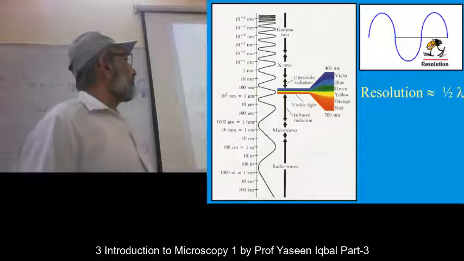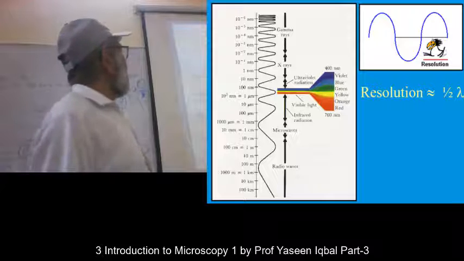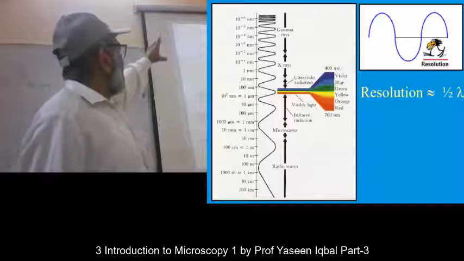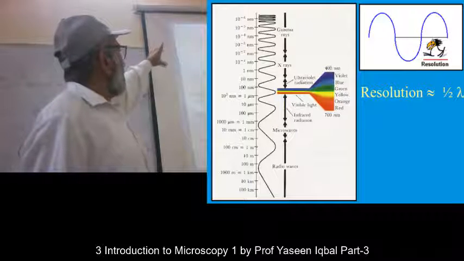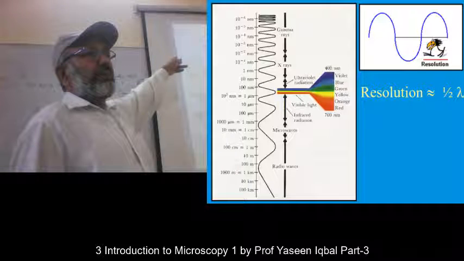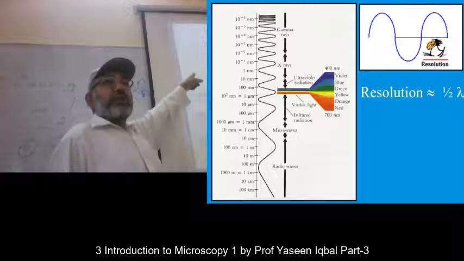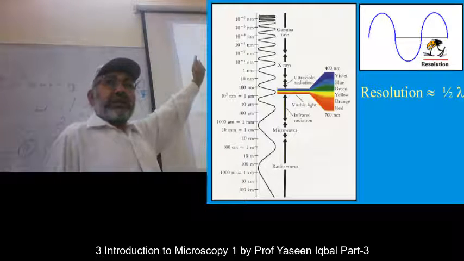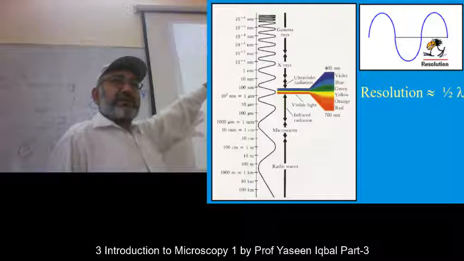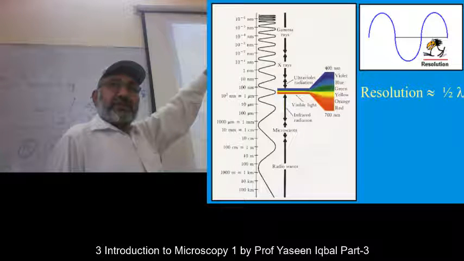Now, we are moving a little bit towards electron microscopy. Gamma rays have wavelengths up to 10 power minus 1 nanometer, which means 1 angstrom. In 1 nanometer you have 10 angstroms, so 0.1 nanometer is 1 angstrom.